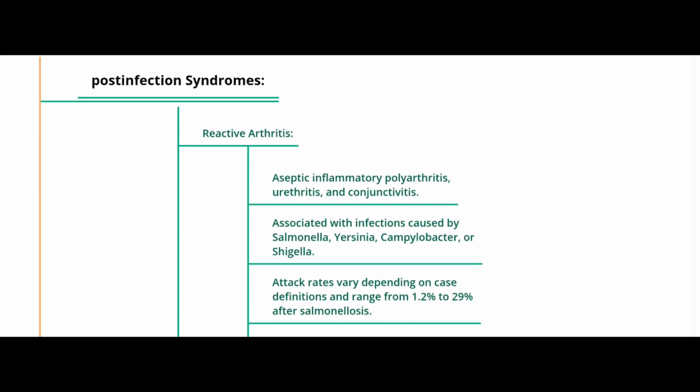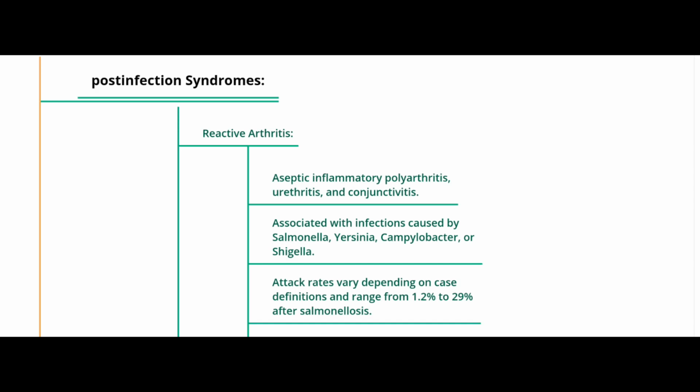If we look at post-infectious syndromes, which are syndromes caused by foodborne illnesses but happen after or within the latest phases of the infection, one of them is reactive arthritis. It is aseptic inflammation with polyarthritis, urethritis, and conjunctivitis.